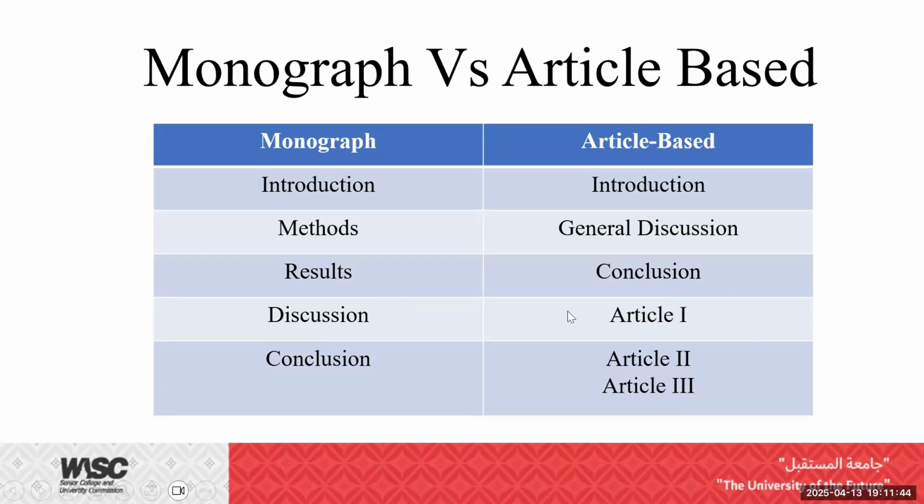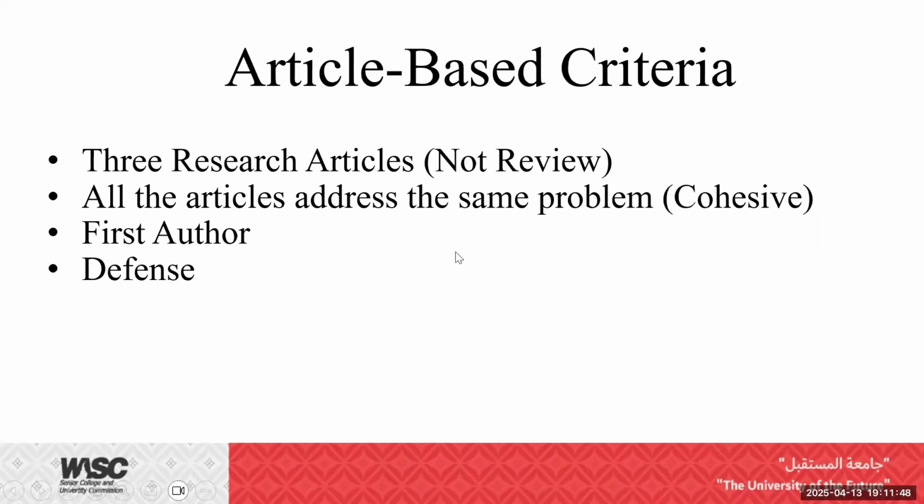Okay, this is the difference between the monograph and article based. So, what are the criteria for article based track? Actually, you need to publish 3 research articles, not review articles, and you need to be the first author in the 3 articles.